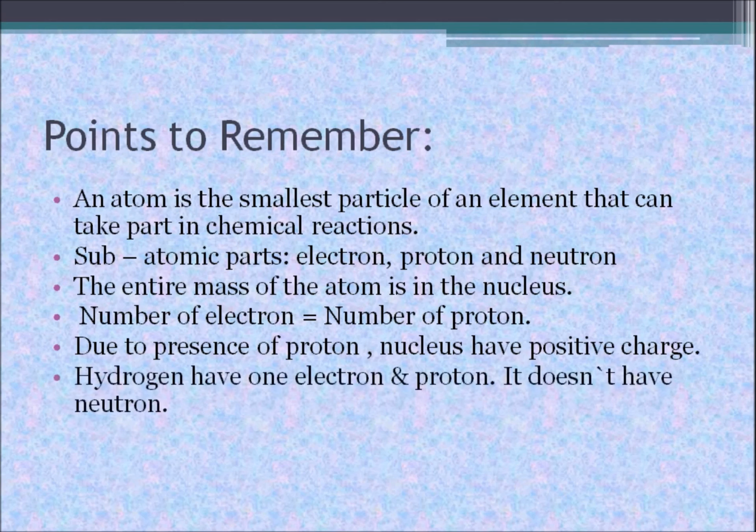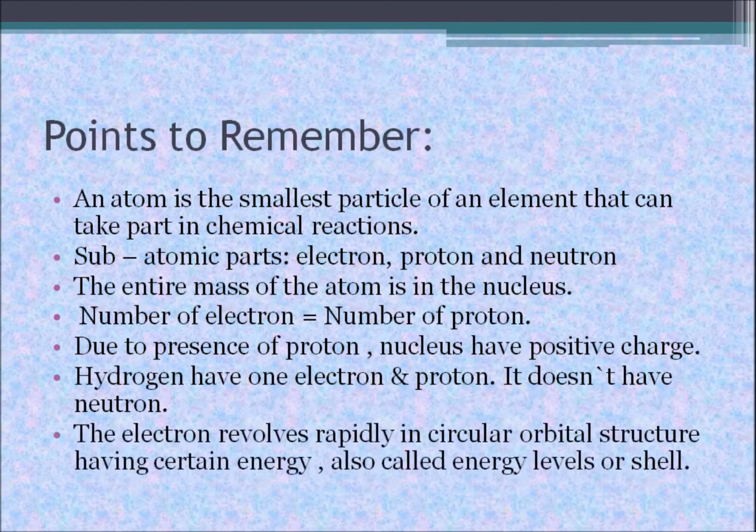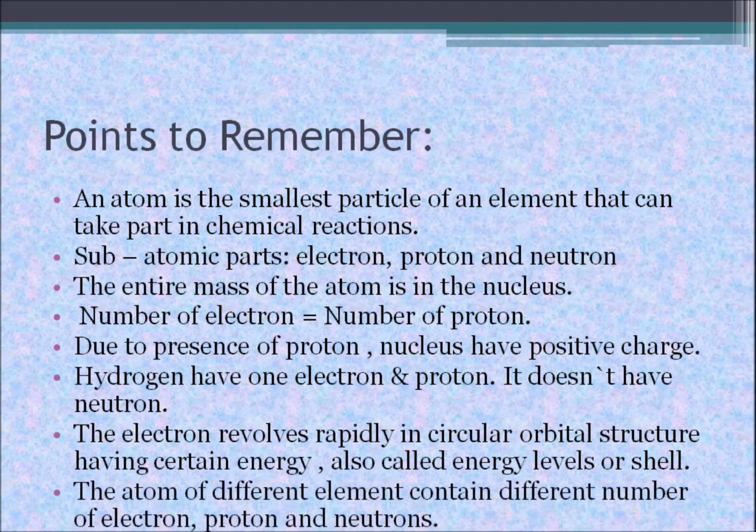Hydrogen has one electron and one proton. It doesn't have a neutron. The electron revolves rapidly in a circular orbital structure having certain energy, also called energy levels or shells. The atoms of different elements contain different numbers of electrons, protons, and neutrons.